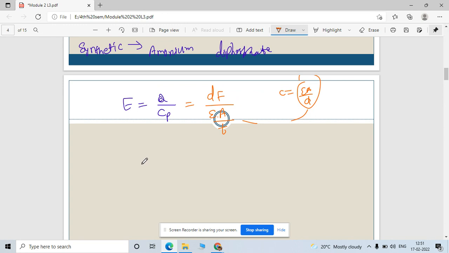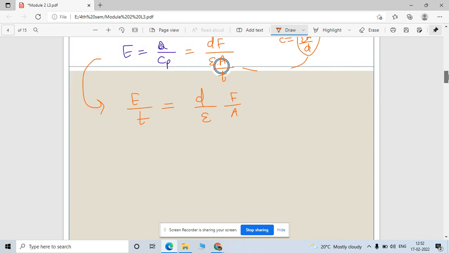Now rewrite this equation, multiplying by the t factor and taking it back to the left-hand side in the denominator. So E by T is nothing but D by epsilon into F by A. Now tell me, from this equation, what did you understand?